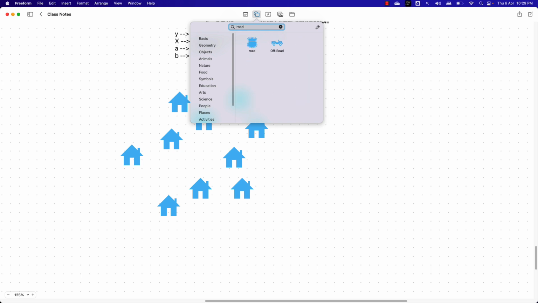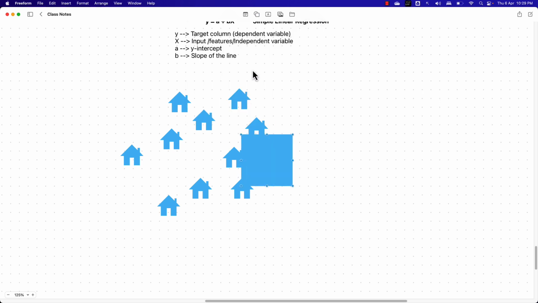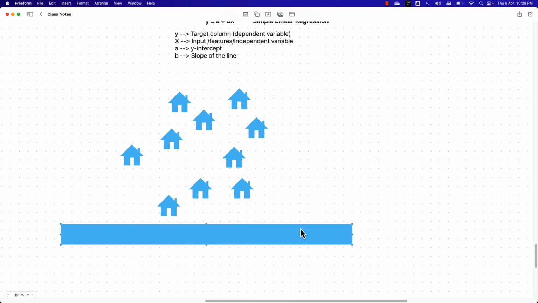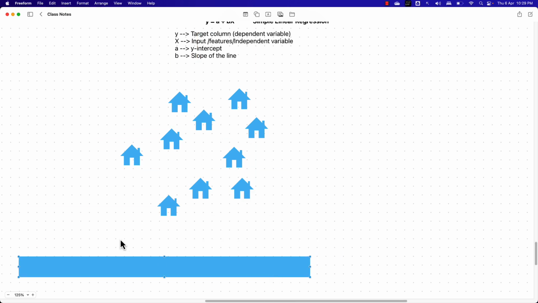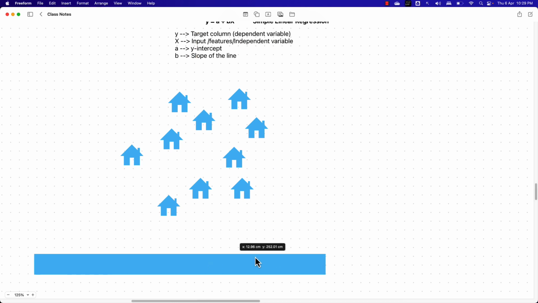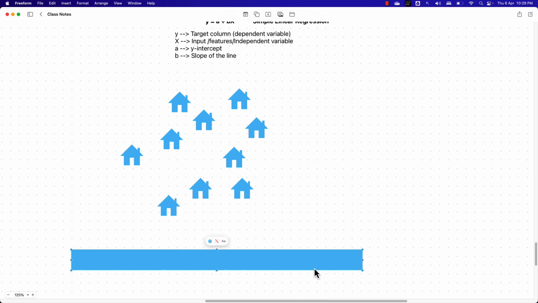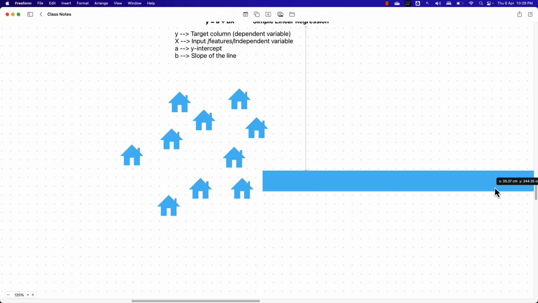When I say I want to construct the road, I'll be interested in creating a road which passes through all of these houses, or where all these houses are near to the road. That is when all these houses can benefit from the road that I'm planning to construct.